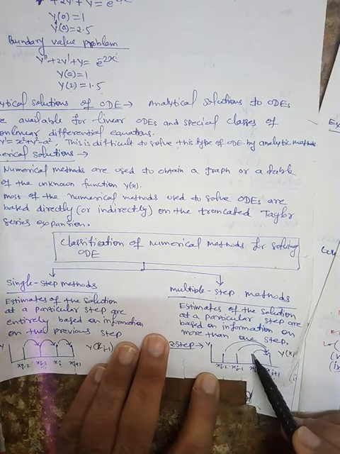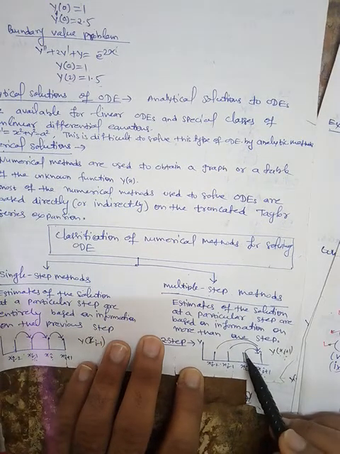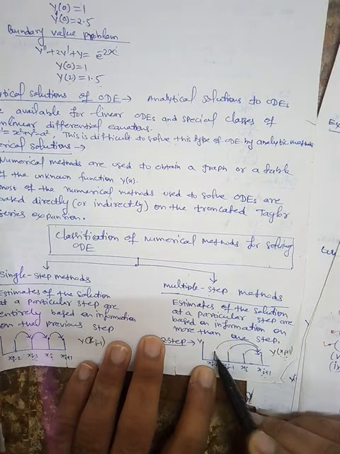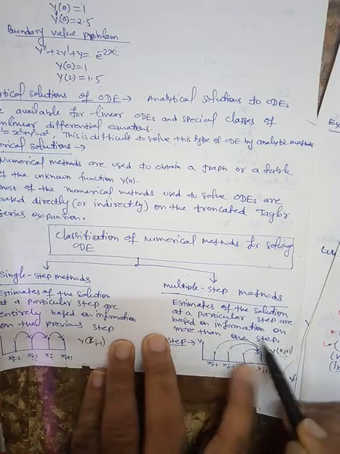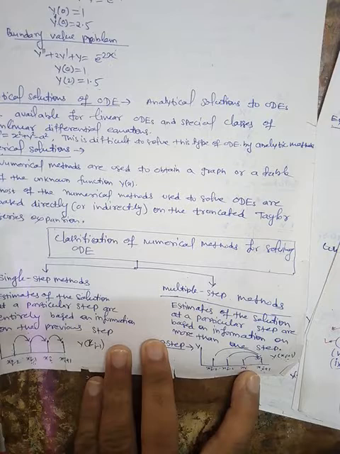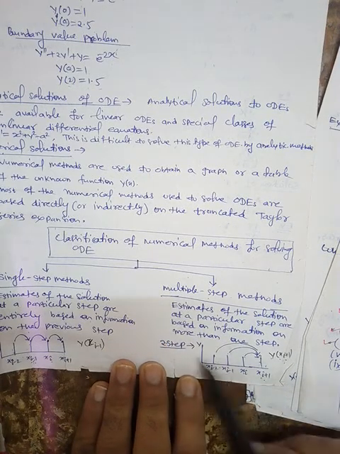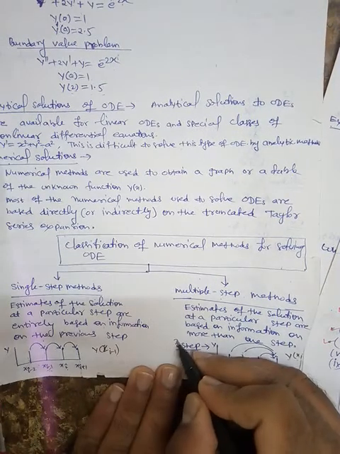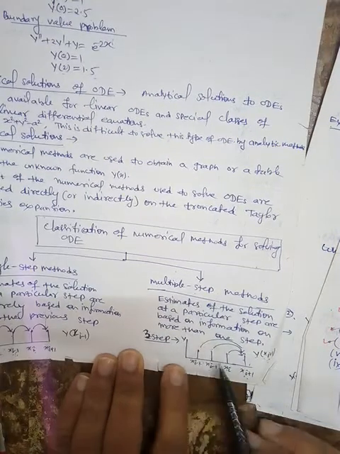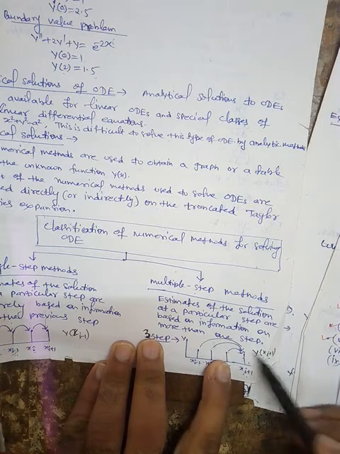For example, to predict y at xi plus 1, we will use yi, yi minus 1, yi minus 2. These three values are used to find the solution at this point. So these are known as multi-step methods. This is the three-step method, where we have used the previous three steps' solutions to predict the next one.